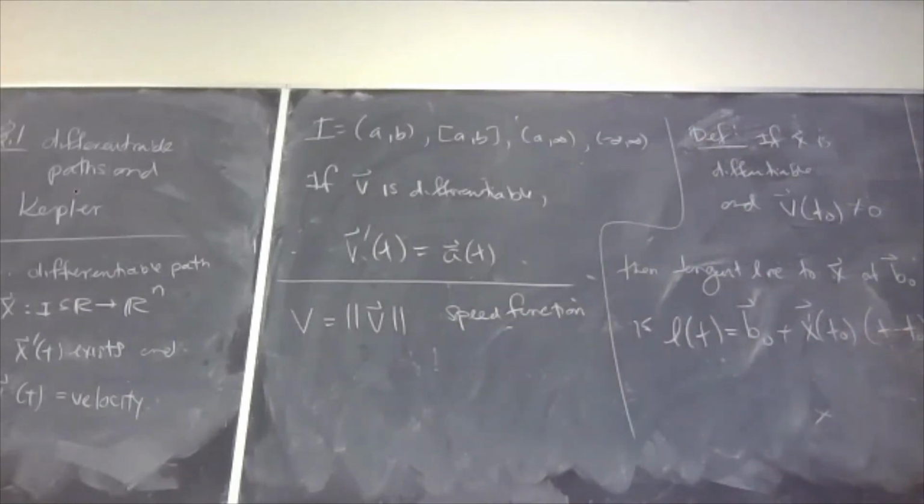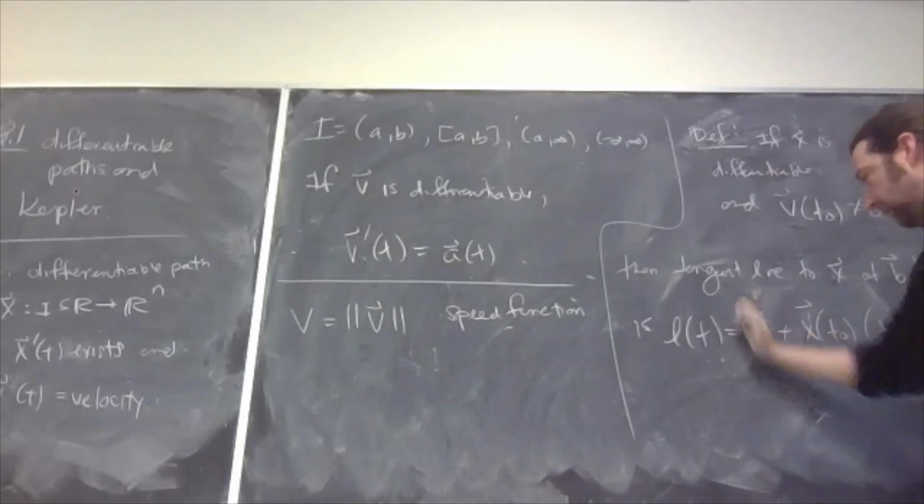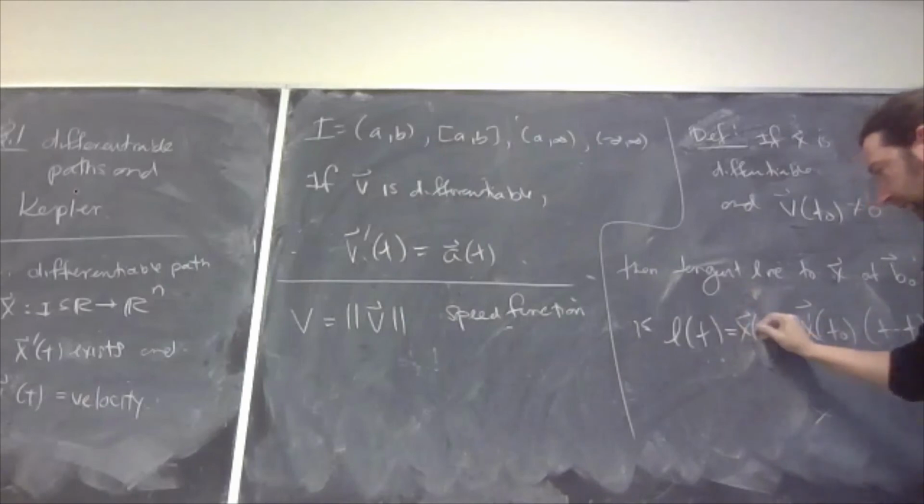We've done this over and over again, right? Look at it. Once again, it's slope-intercept form. Vector slope-intercept. This is a parametric equation for the tangent line. This is the point on the curve. Actually, we don't even say b naught here. It's x of t naught.